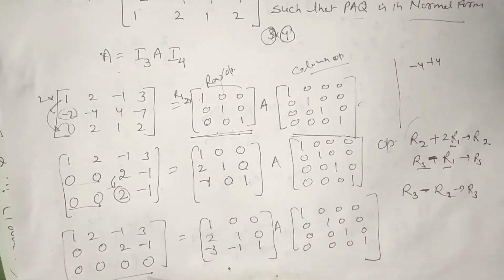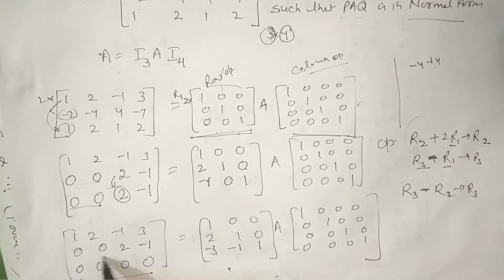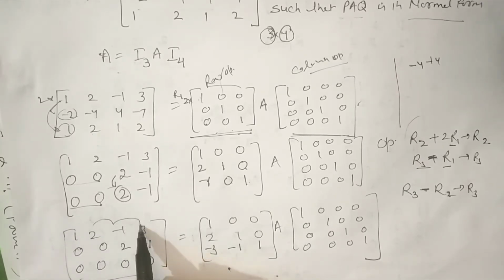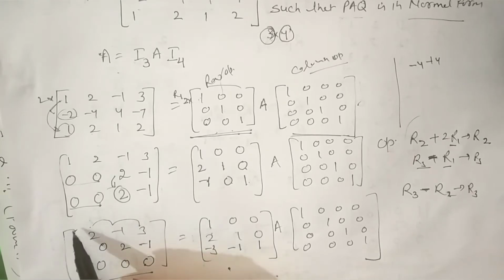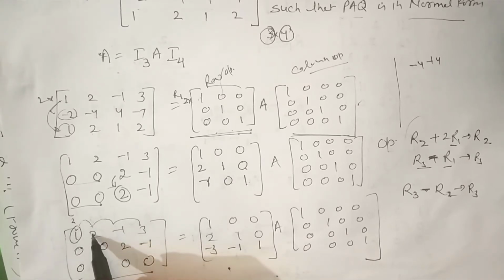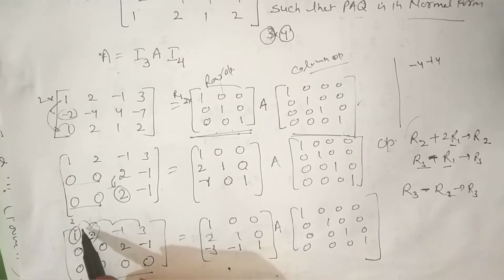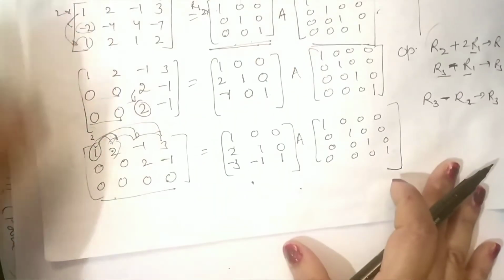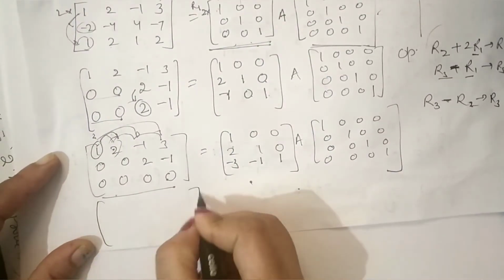So now what we need to do, now the zeros are more, we have to make these elements also 0. We now use column operation, because the first column contains 1. When we multiply it with 2 and subtract from the second column, this element will be 0. So the same thing is going to be performed here, making the elements 0 by column operation.